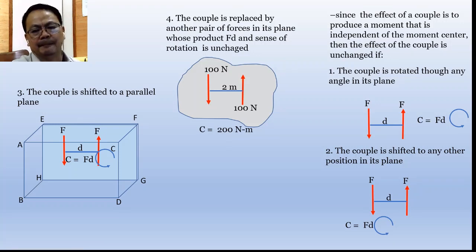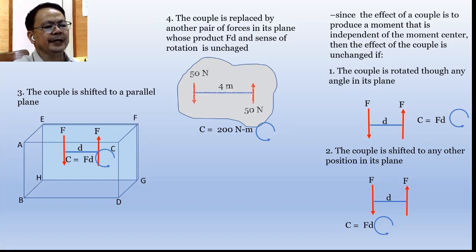What will happen if this pair is replaced by another pair of forces such that we have this, having 50 Newton force acting at a distance of 4 meters. Since the product of 50 multiplied by 4 remains the same as 200, then the effect of the previous couple will be the same as the effect of this couple.